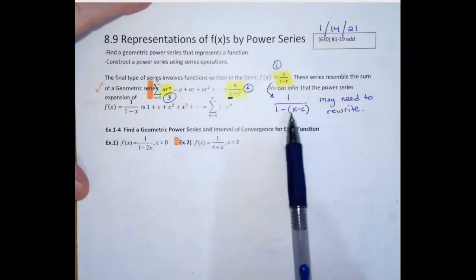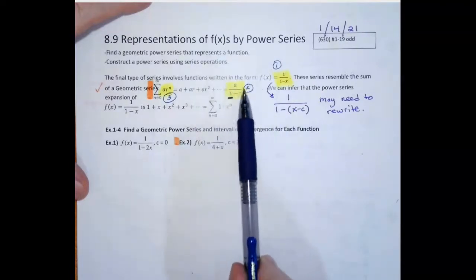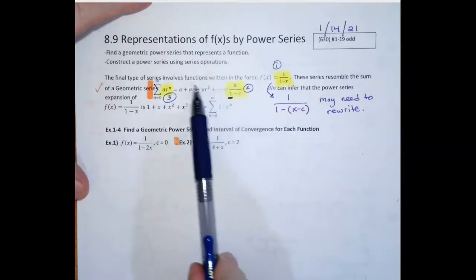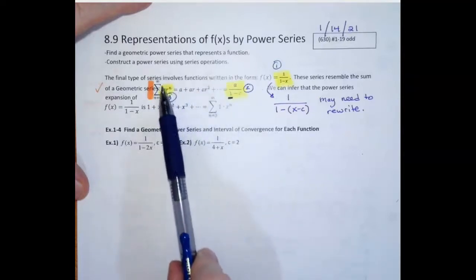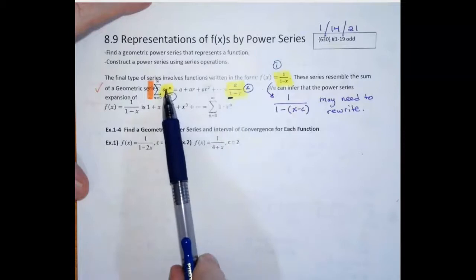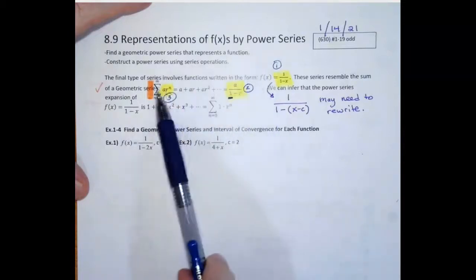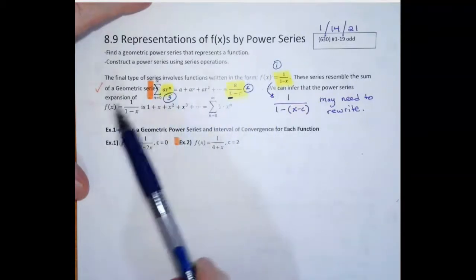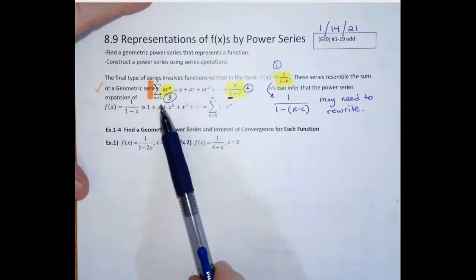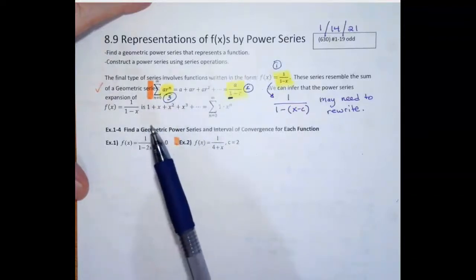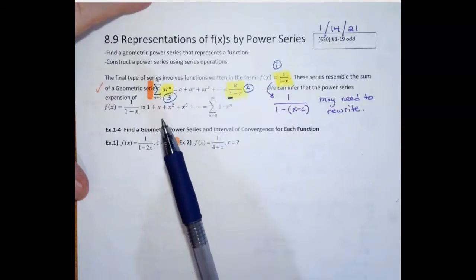So we'll have to work that in sometimes also. And then once we get it to this state, then we can rewrite it as a series using the A and the R values here. And then once we have that, we can do what we did in the last lesson and use the ratio test to determine the interval of convergence.